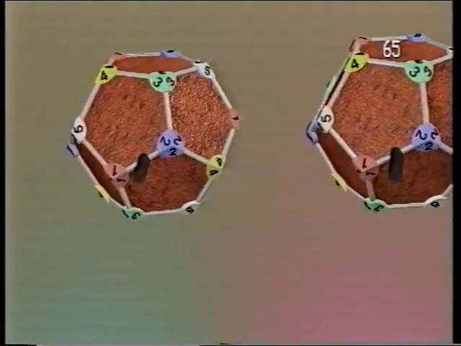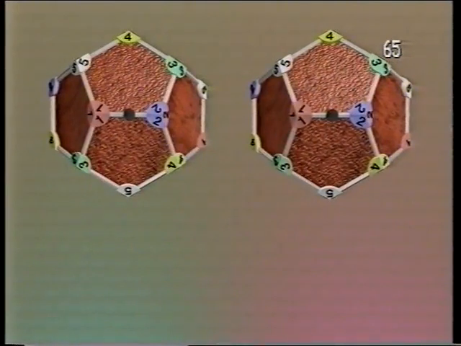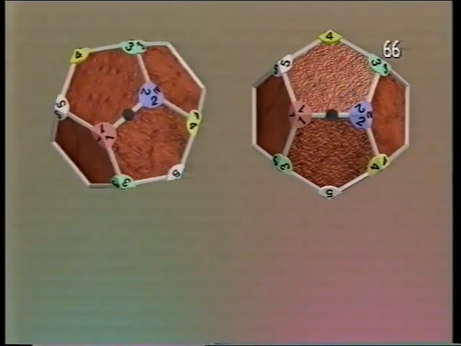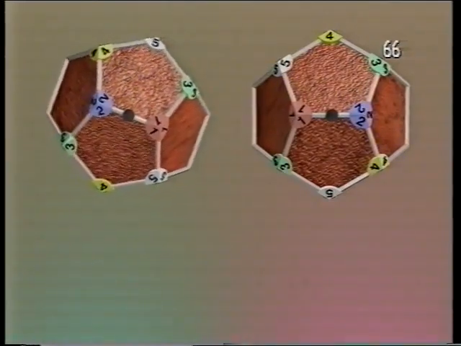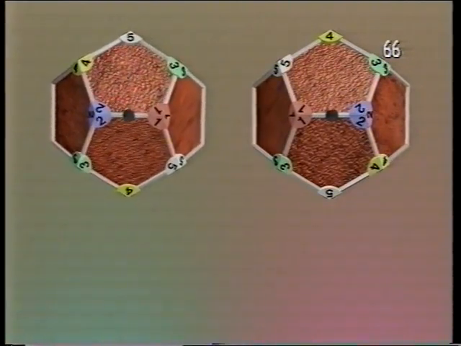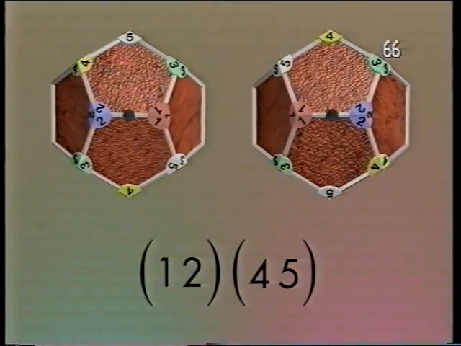Now what about the rotation about an axis through the midpoints of opposite edges? Well, the only possible angle of rotation is pi. So what's the permutation? You get a pair of 2-cycles, (1 2)(4 5).